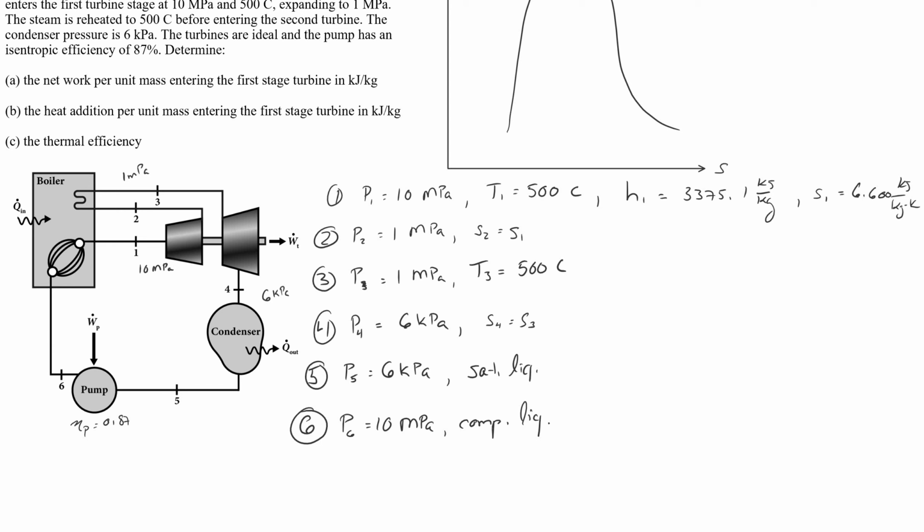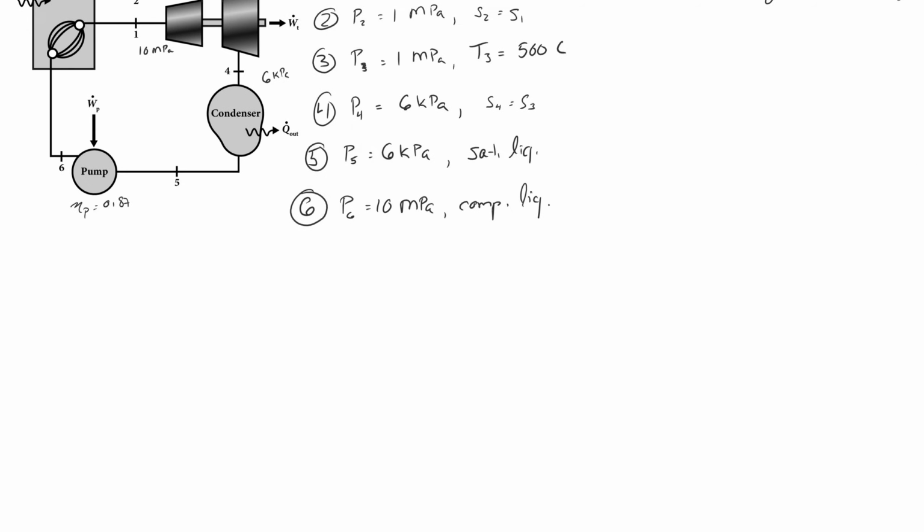So I go to the 1 megapascal block, and I find that between the temperatures of 200 degrees Celsius and my saturation temperature, my entropy lies within that range. And so I can use that knowledge to interpolate between those two rows and find H2.